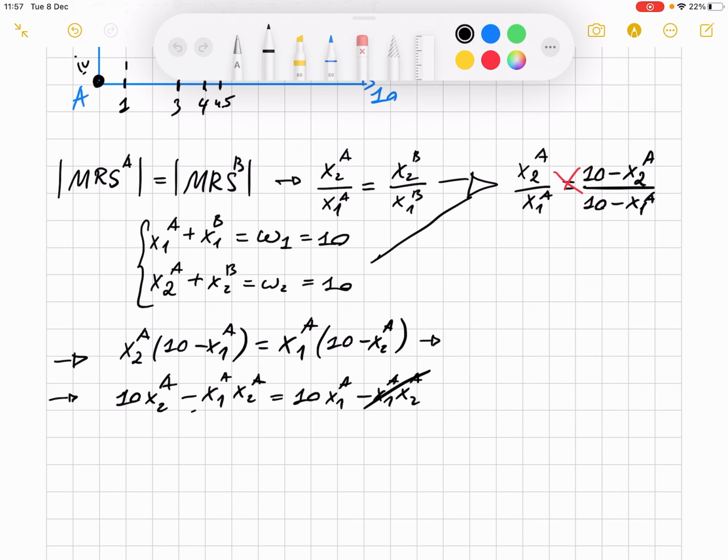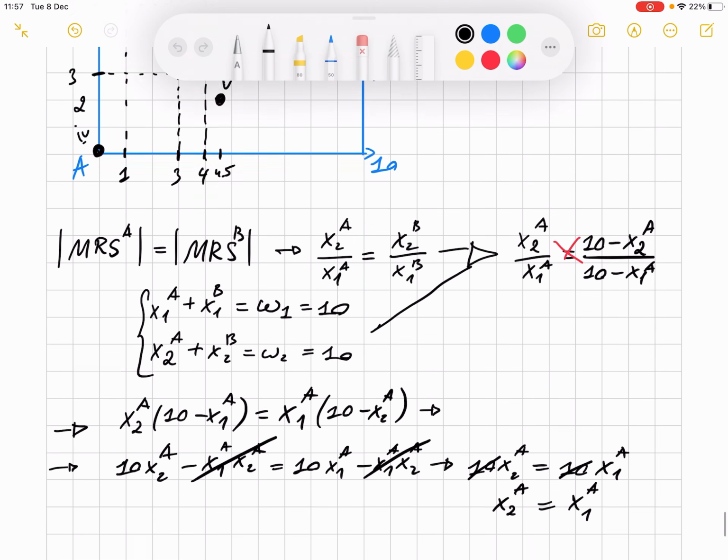Here we can simplify these two and we get that 10x2 should be equal to 10x1. We simplify once again, and the Pareto set is such that x2 should be equal to x1.